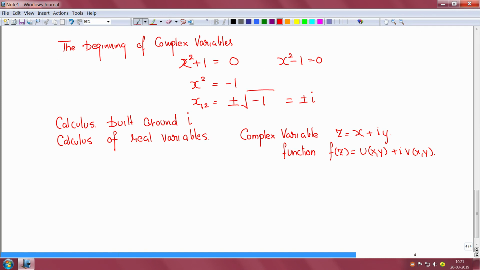Now, these two together, we have to check if the regular laws of real variable calculus are applicable to the complex domain. So, let us do some simple checks. Let us discuss complex variables and limits.